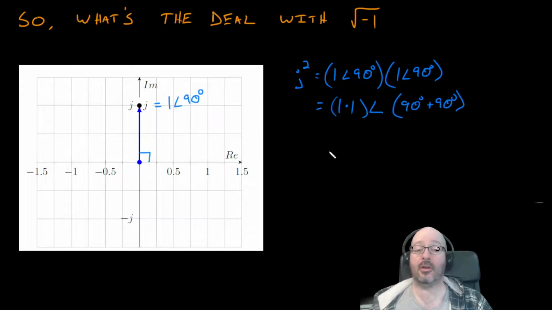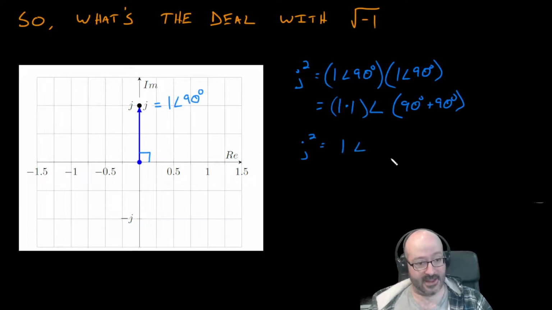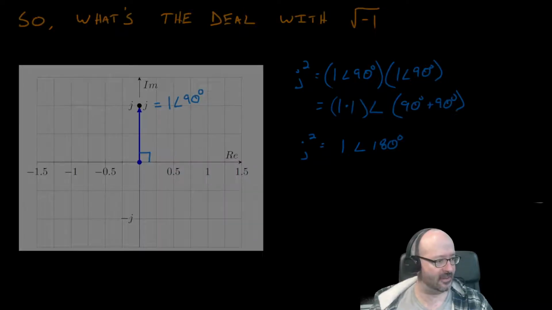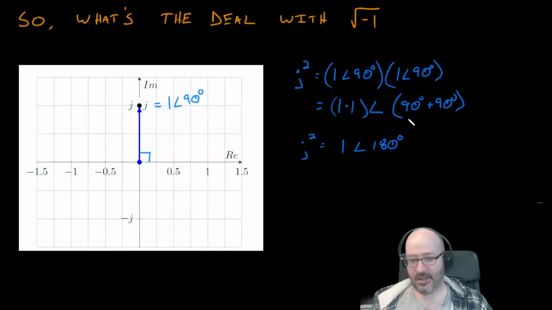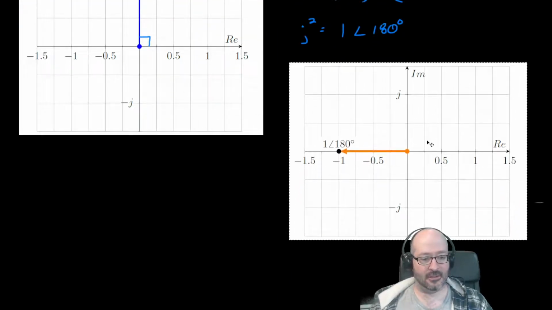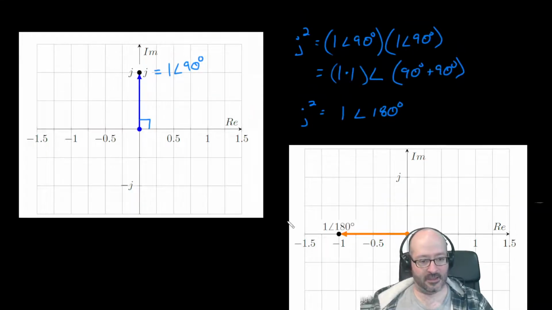Maybe you see where I'm going with this, but J squared is equal to 1 at an angle of 180 degrees. And 1 at an angle of 180 degrees, we can do that graphically since I have it, is over there, and 1 at an angle of 180 degrees is really -1.